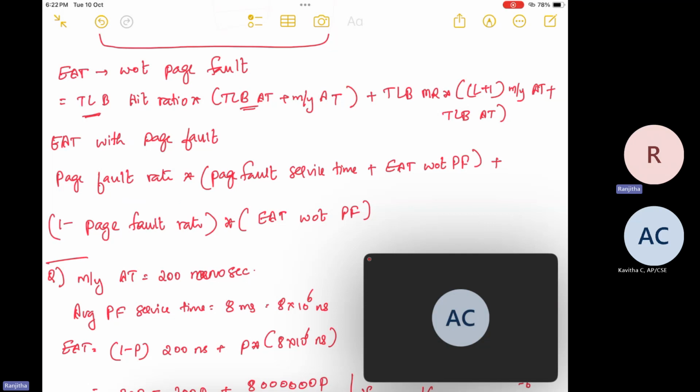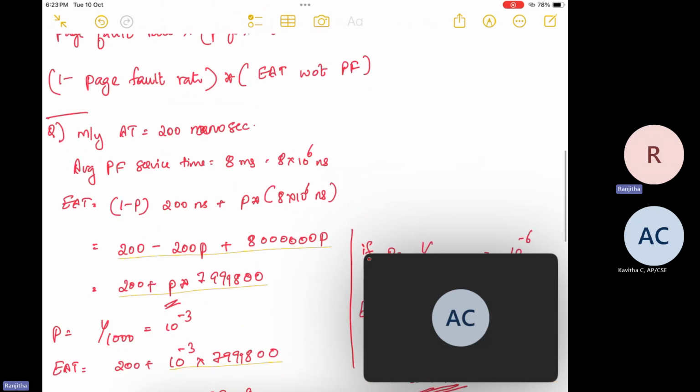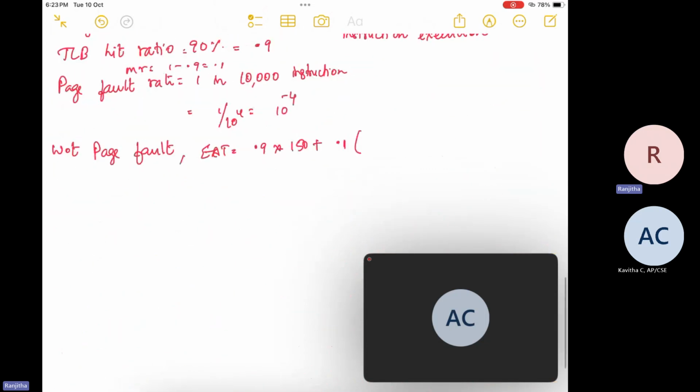Then miss rate is 0.1 into L plus 1 into memory access time, again taking TLB access time as 0. Here L is 2, so 2 plus 1, 3 into 150 nanosecond. 0.1 into 3 into 150. So it is 135 nanosecond plus 45 nanoseconds, which is 180 nanoseconds. So effective access time when there is no page fault is 180 nanoseconds.